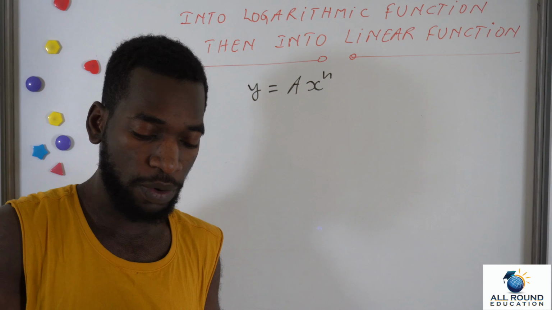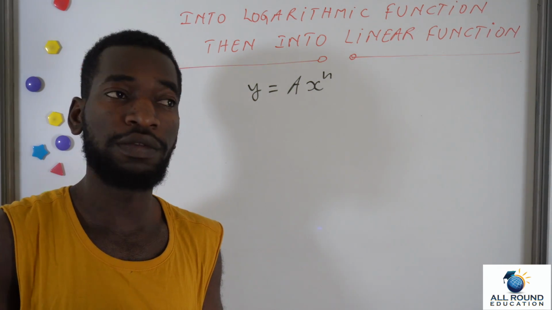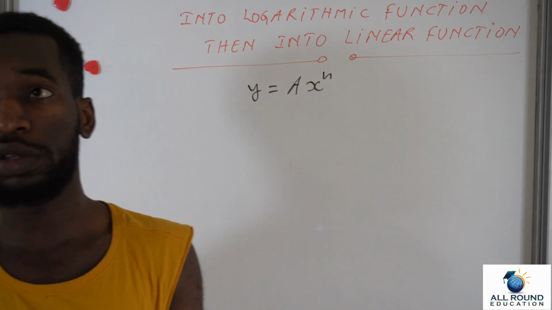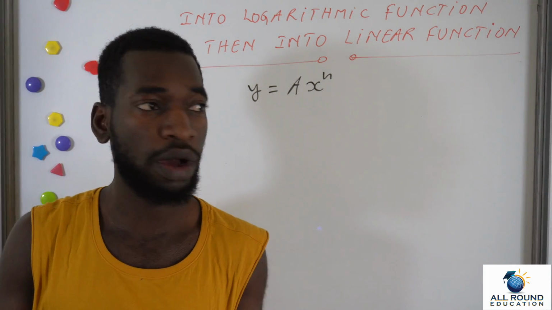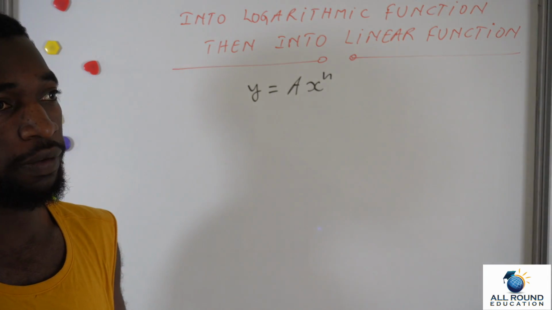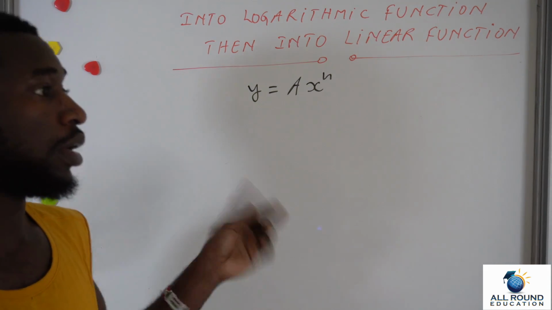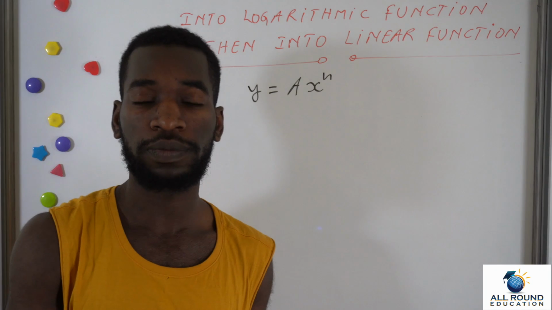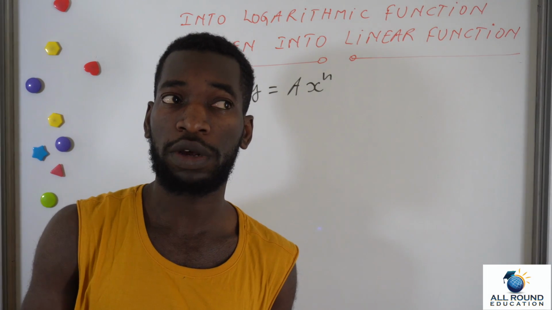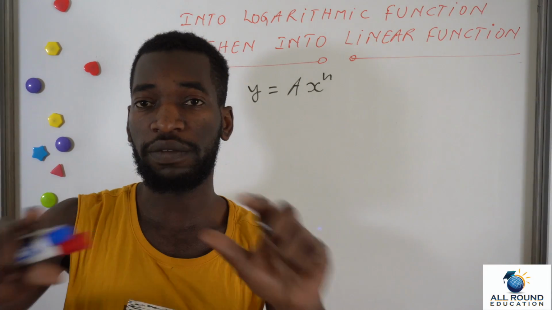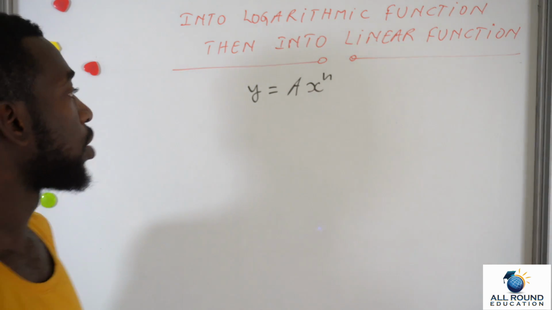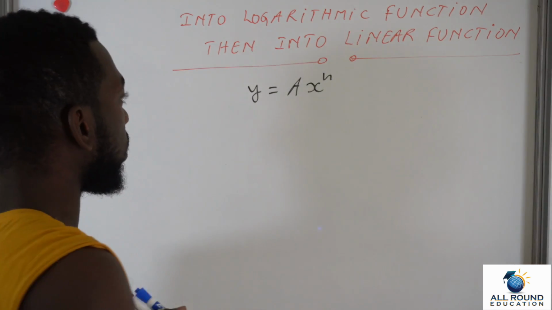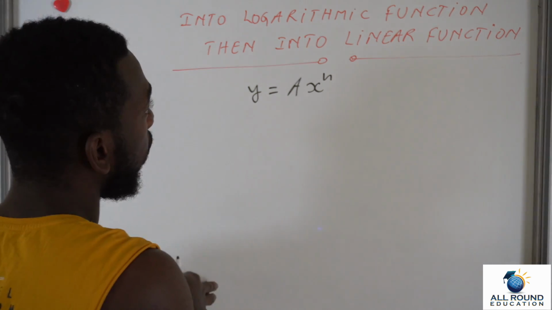Let's see how that works, because in chemistry, for those who have done chemistry, or those who will be doing chemistry, at some point you will be doing rates of reaction. There are questions that involve logs, where you have to convert a normal function into a log function, and then work out the linear function where you're trying to find the rate of the reaction. So let's get started and see how you solve the question if you come across it.